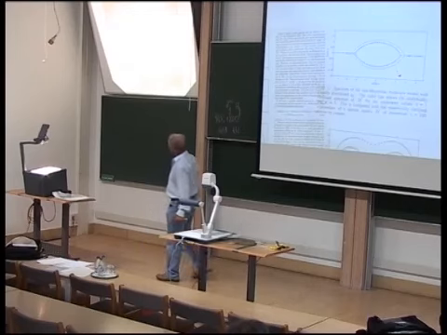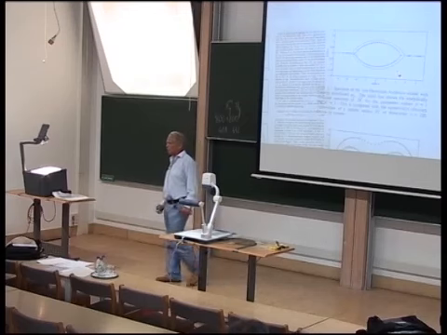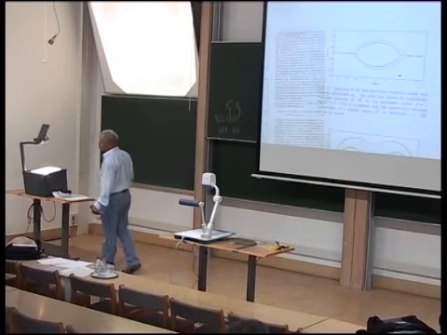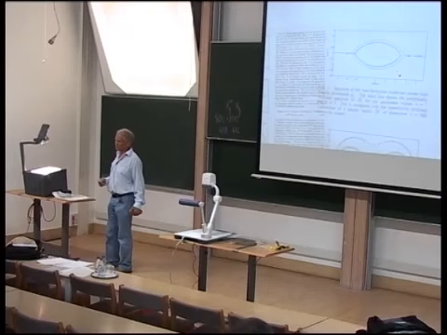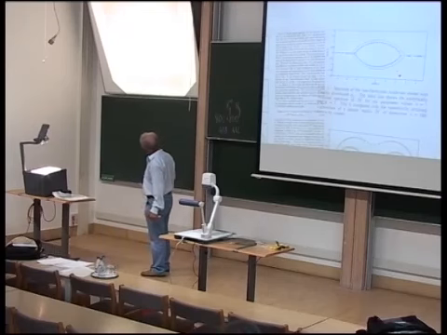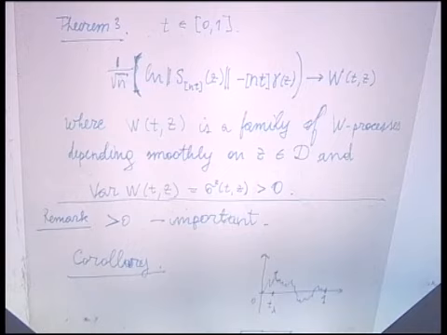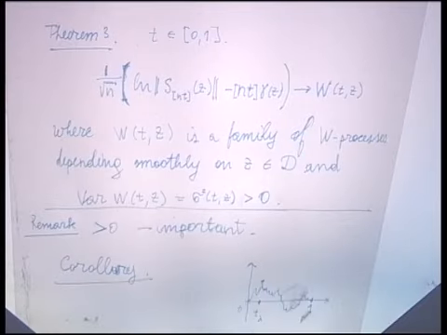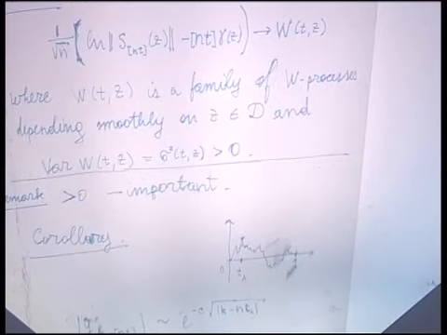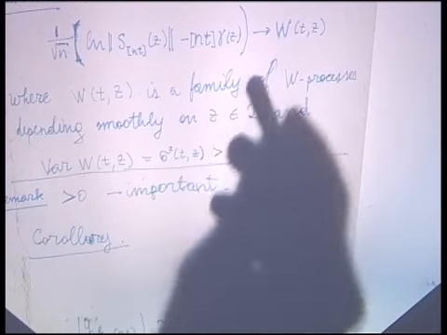Now, if I want to tell more than that, if I want to say what is happening to the eigenfunctions, this is a much more delicate part of the story. You need to know not just the law of large numbers for the log of the norm of this product of matrices, but you need to know this theorem about products of matrices, which is satisfied on the complex plane uniformly in z.